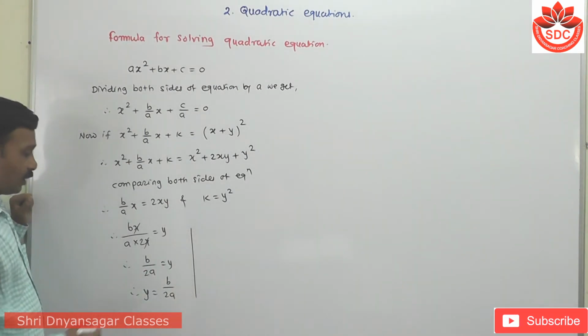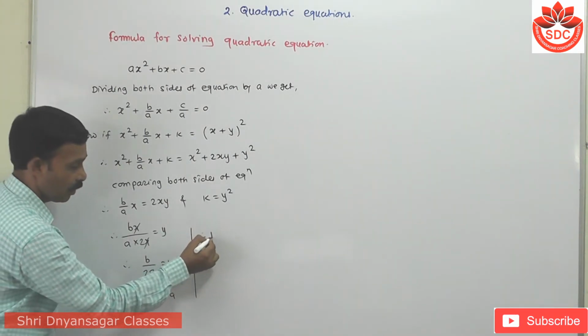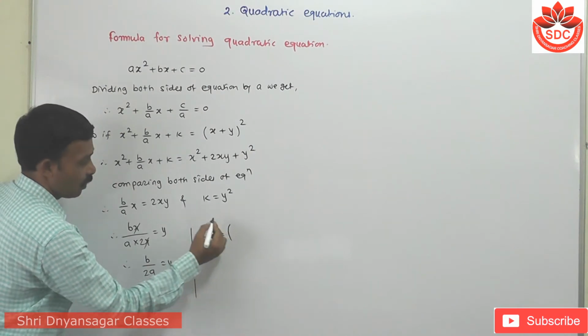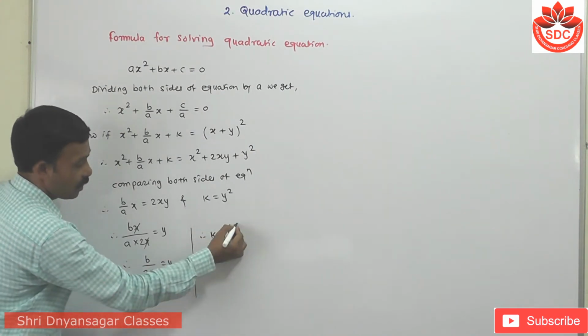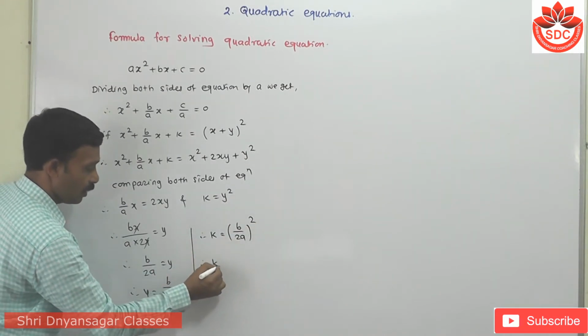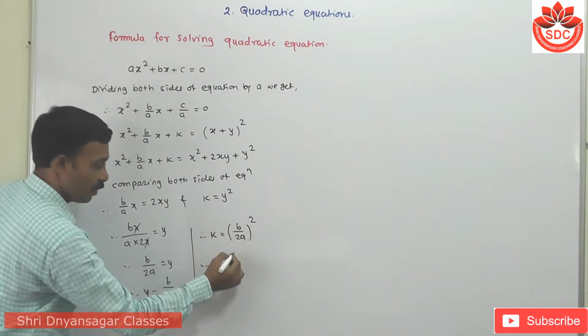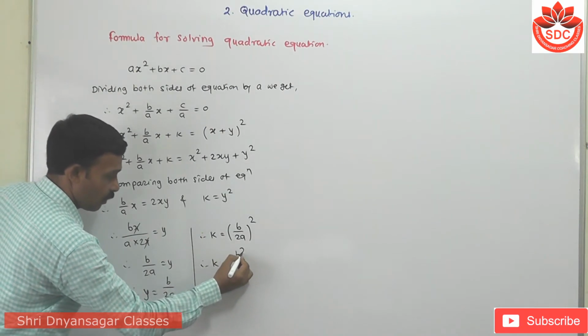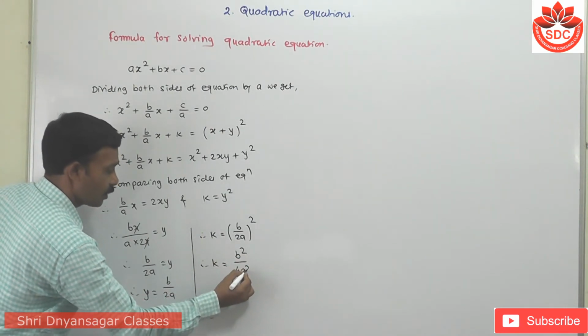Then we substitute this value of y here. Therefore, k equals y square, where y is b upon twice a, and the square of this equals b square upon 4a square.